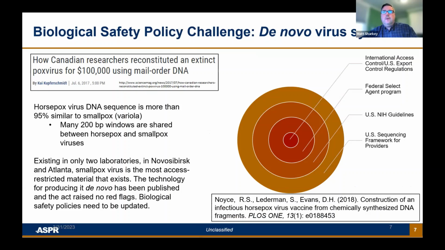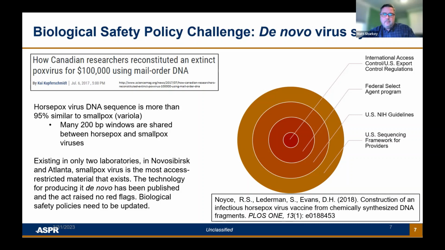In 2017, Canadian researchers published an article indicating that they had purchased synthetic double-stranded DNA from a company, I think it was a Dutch company out of California. So it was GeneArt, which I think is Novartis, could be Invitrogen. But in any case, they ordered synthetic double-stranded DNA that they used to chemically synthesize horsepox virus.